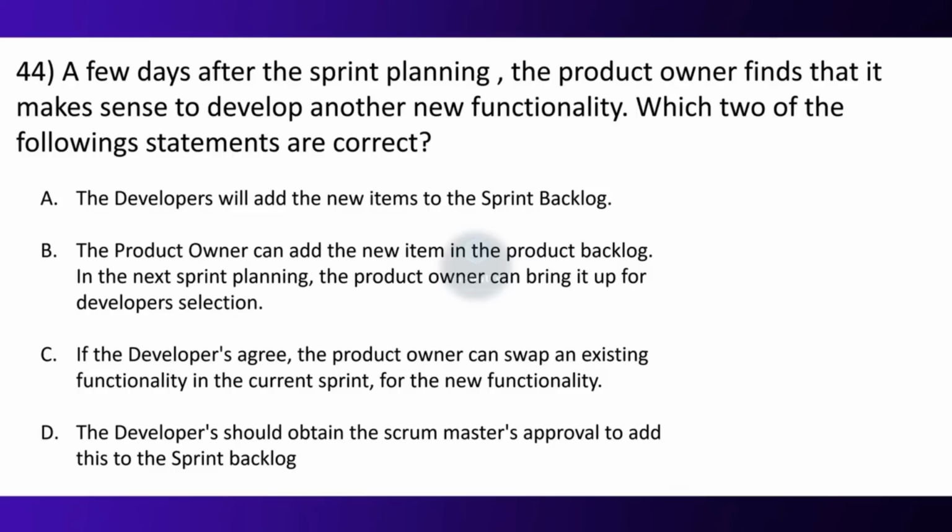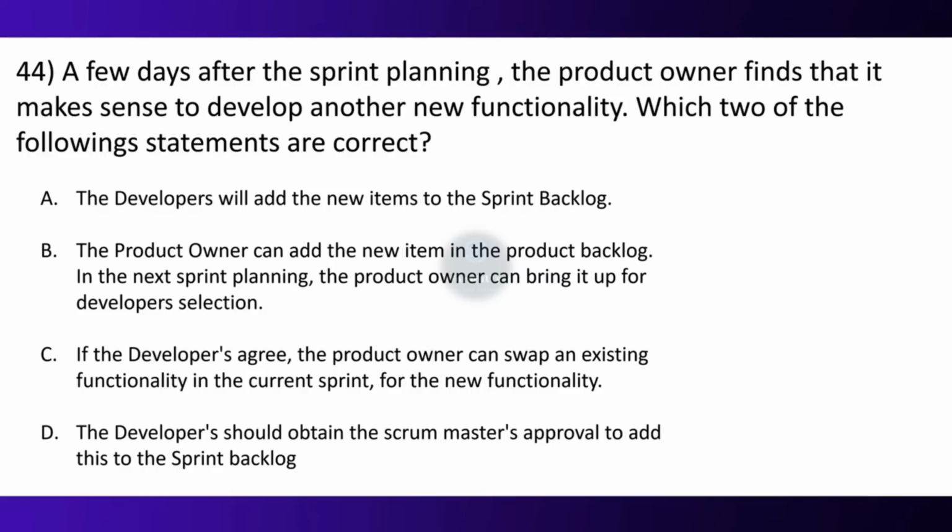Question 44. A few days after the sprint planning, the product owner finds that it makes sense to develop another new functionality. Which two of the following statements are correct? Option A. The developers will add the new items to the sprint backlog. Option B. The product owner can add the new items in the product backlog.